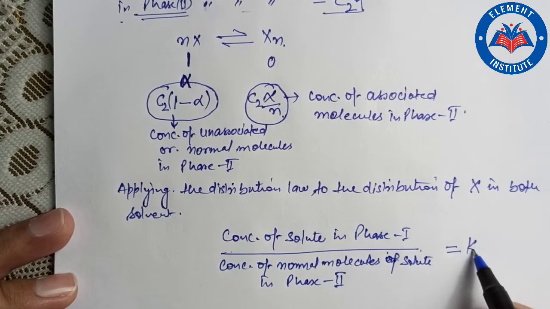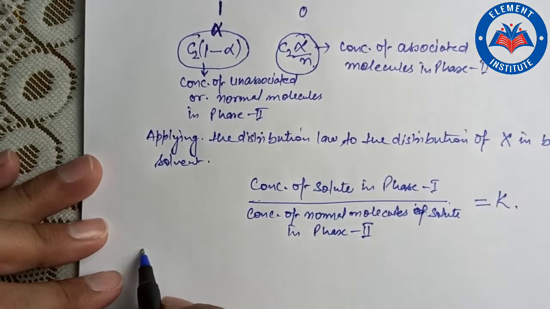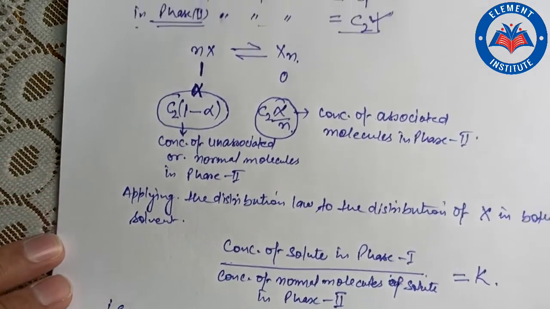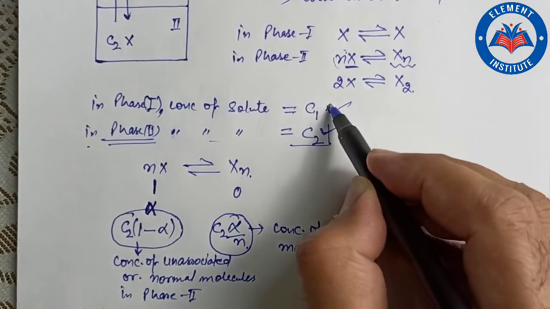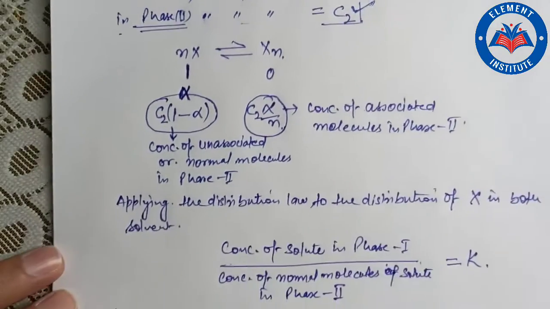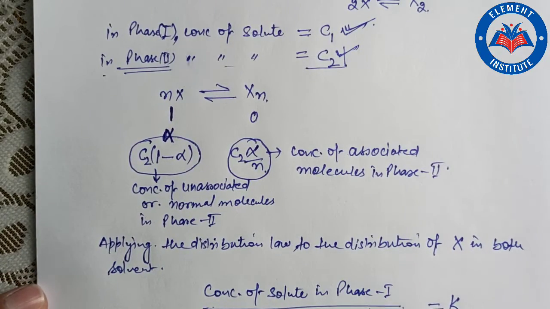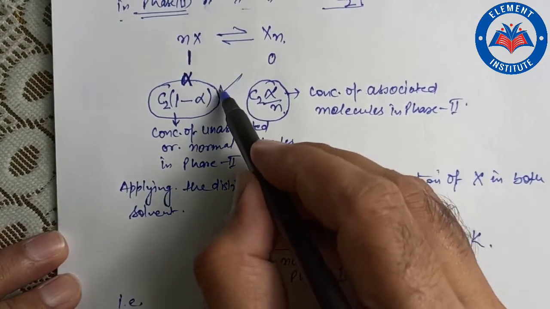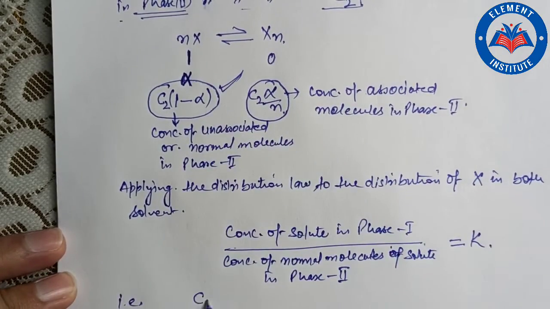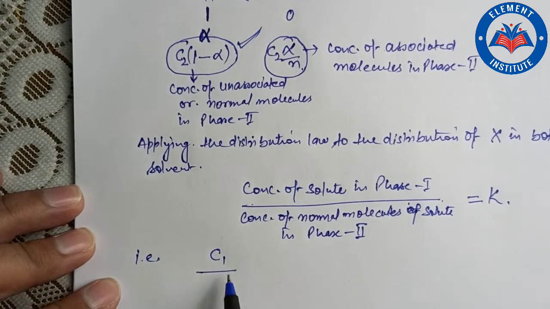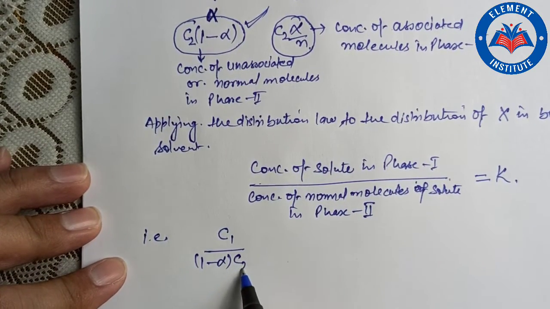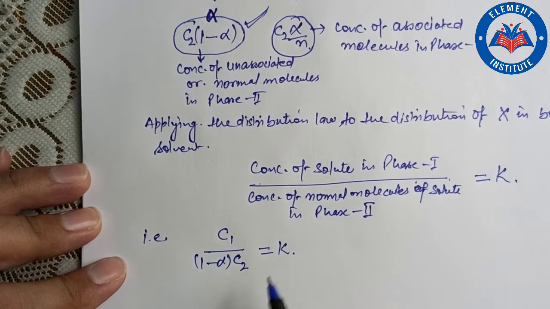It will be equal to K. Now what is the concentration of solute in phase 1? As we said, it is C1. And what would be the concentration of normal molecules of solute in phase 2? It is this one. So write down C1 upon 1 minus alpha C2, it will be equal to K.